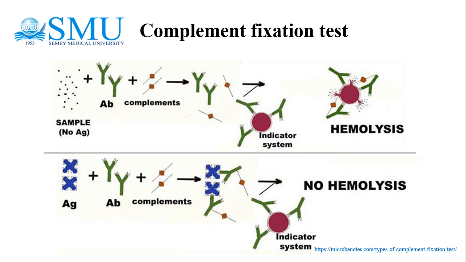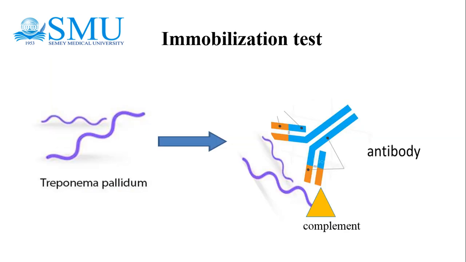And next is the immobilization test. The Treponema pallidum immobilization test, Treponema pallidum being a spirochete, is based on the ability of the patient's antibody and complement to immobilize live, actively motile Treponema pallidum, observed under a dark ground microscope.